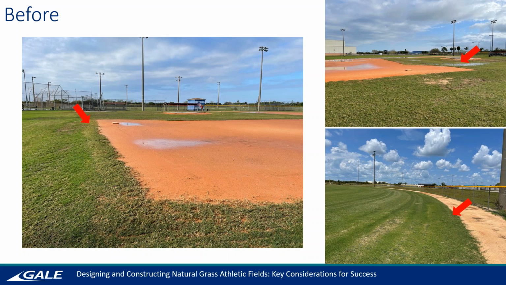What you see here in the top right is the skinned infield area was very minimally sloped as it was supposed to be, but the native soil underneath, and the thatch buildup over time of the turf grass was very slow, causing it to pond and stay wet for extended periods of time.